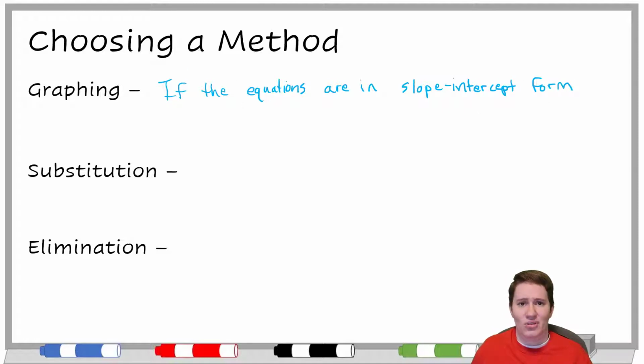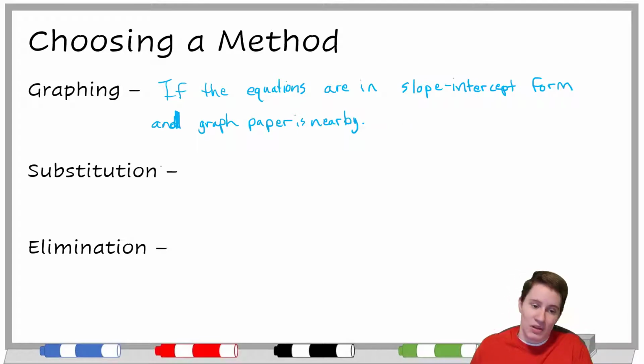Or, I guess, or would also work, because if you think, oh, I can solve this for y, anything can be graphed, right? I should have put and you have graph paper, and graph paper is nearby. Just a hop, skip, and a jump away.